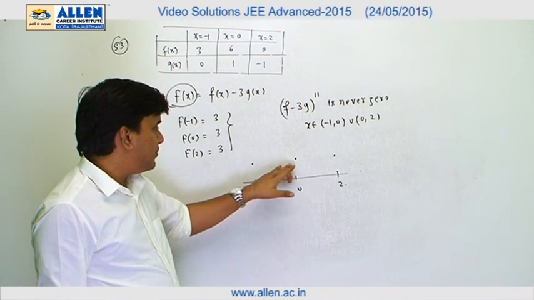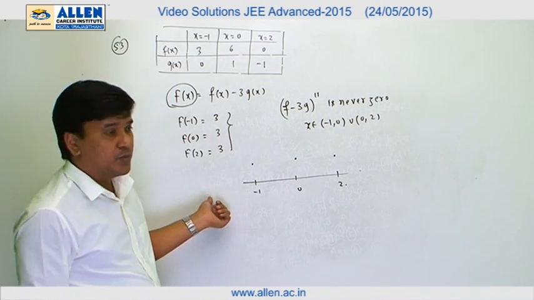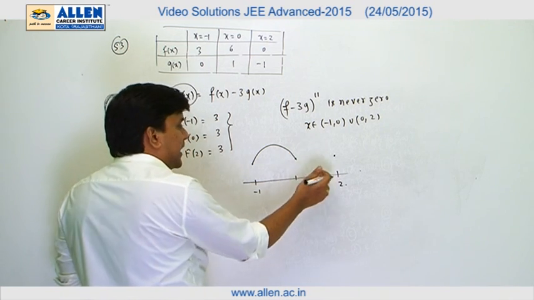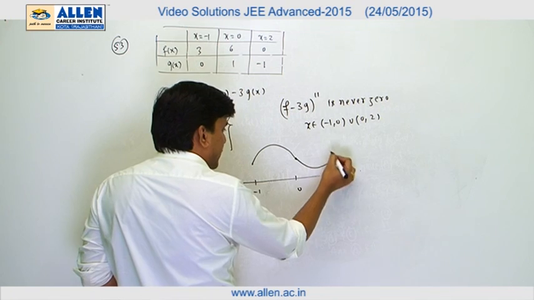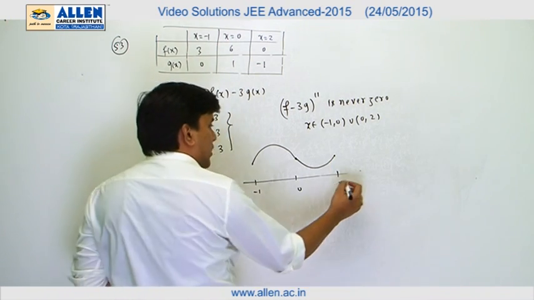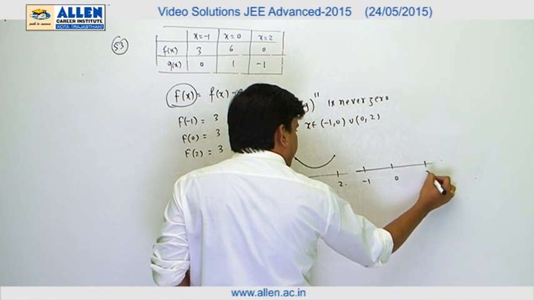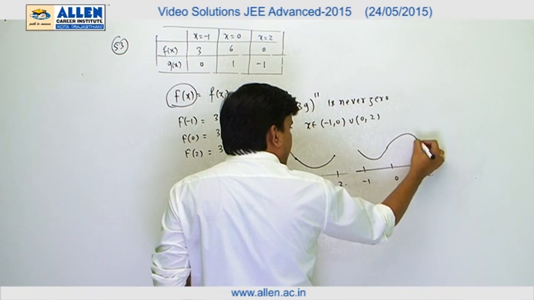So in this interval -1 to 0, the function will be either concave up or concave down, which has the possibility like this. Similarly, in this interval, this can be concave up or concave down, and which will have this possibility. Or the other possibility can be like this. This can be like this, concave down and then concave up.